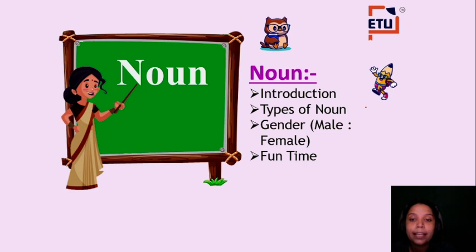Let's go for the next part. Next part you will be having the same thing that you did for class 4 but in an advanced manner. So here we'll be doing types of nouns and we'll also be learning some other types of noun with examples as well as exercises, and we'll always have this fun time to do.